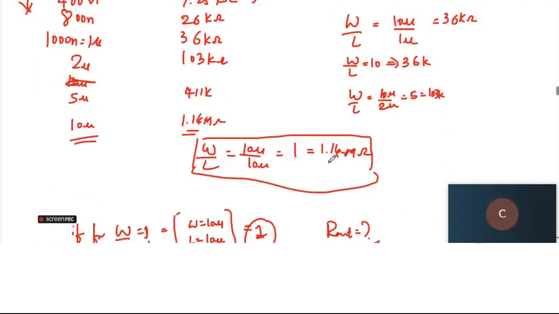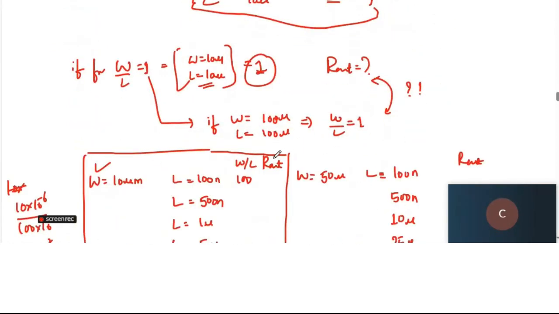And we could observe that the maximum output resistance we were getting was 1.14 mega ohms. Now, I also told you that it doesn't mean that a ratio of 1 would fetch you the same output resistance. Let us try to verify that quickly.